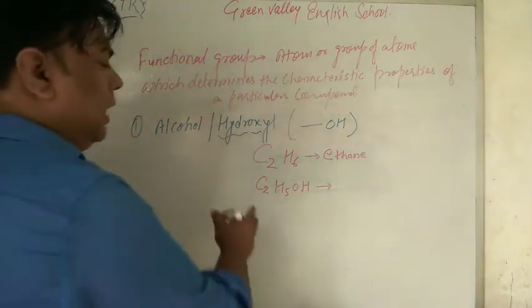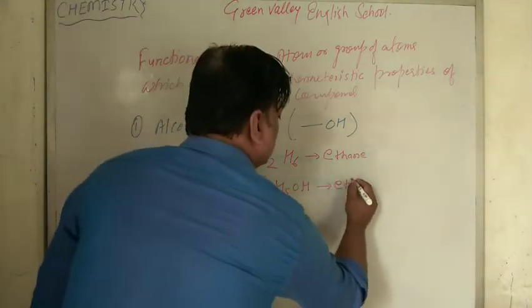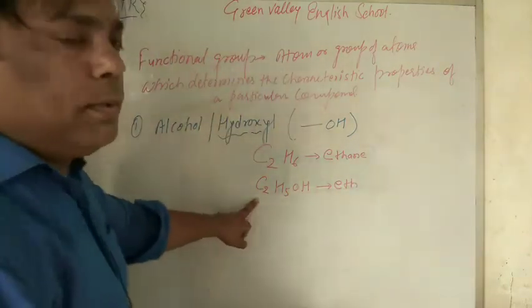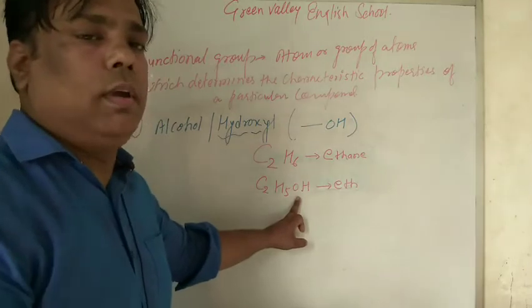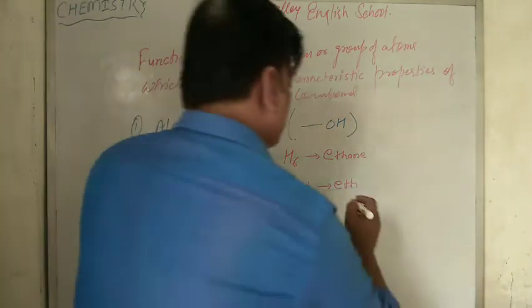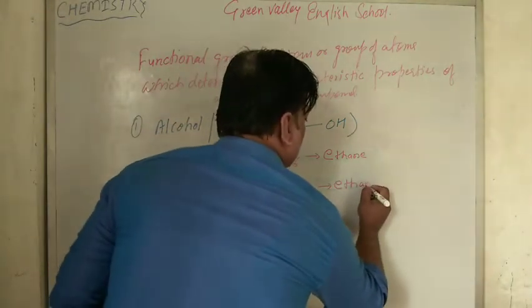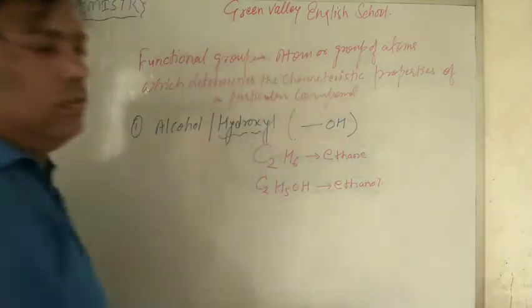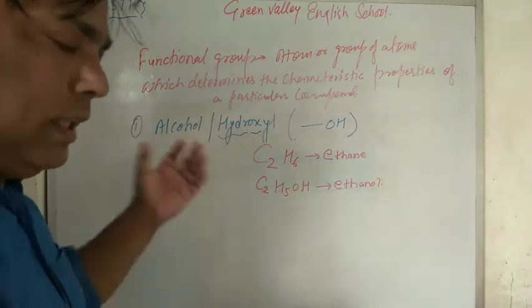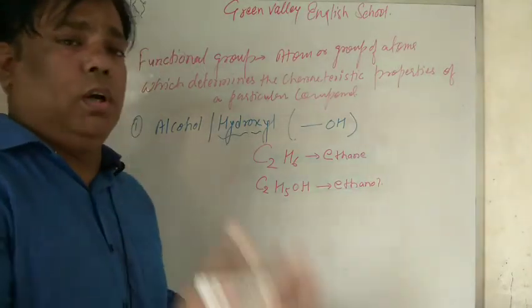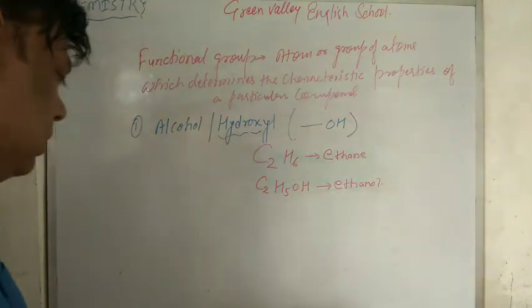Now the name of that compound is eth. The number of carbons is 2, that's why it is eth. And OH is added, so we have to add the suffix OL. Now its name is ethanol. Right? Methanol, ethanol, propanol, butanol.